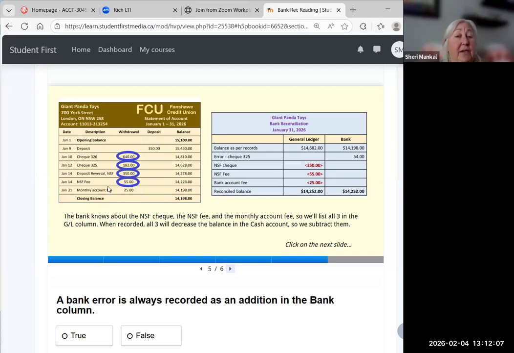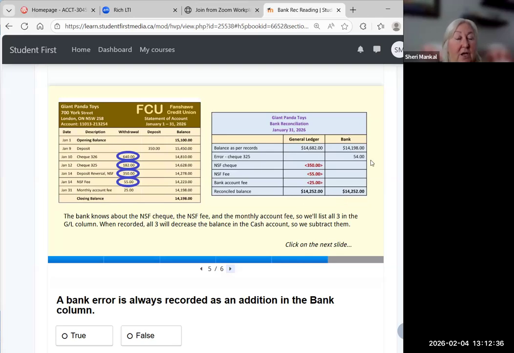And I have to take away $25 for the bank service fees. So when I take what they originally had plus the $54, it comes out to 14,252. When I take what I started with minus those three withdrawals, it comes up to 14,252. So now I have reconciled my cash ledger and my bank statement.